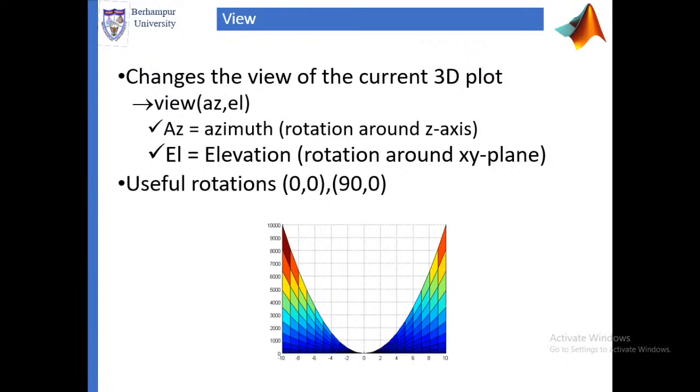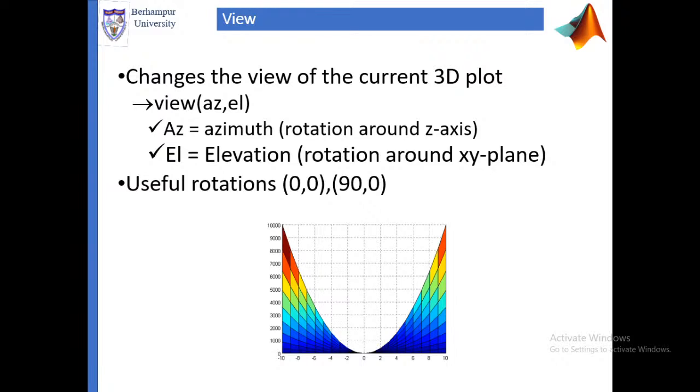Now, how to view the 3D plot? You can rotate it from different angles, different view points, and see the plot. The command to change the view of the 3D plot is view within brackets az comma el.